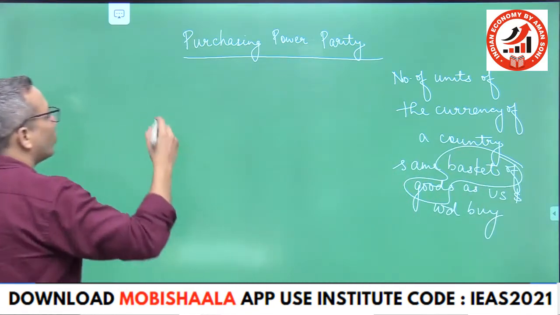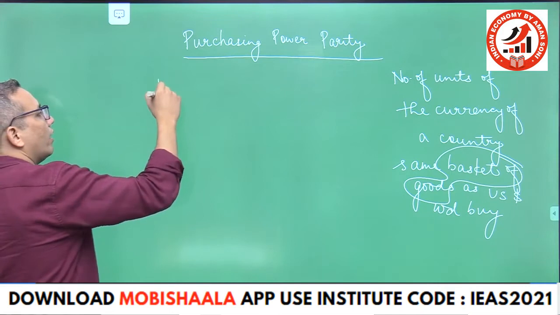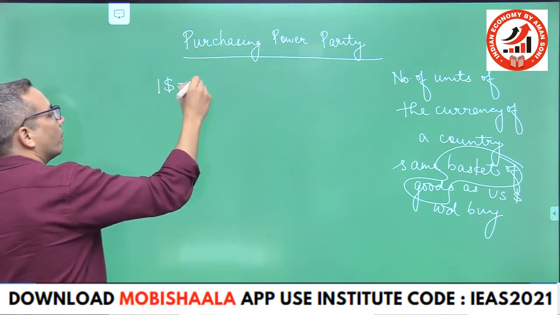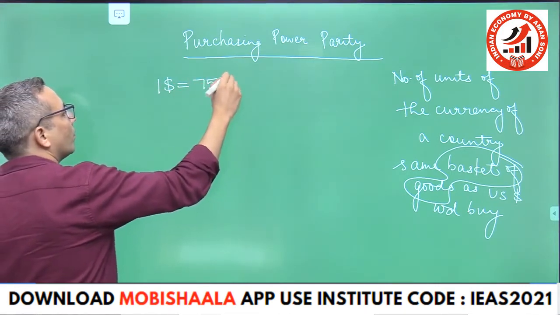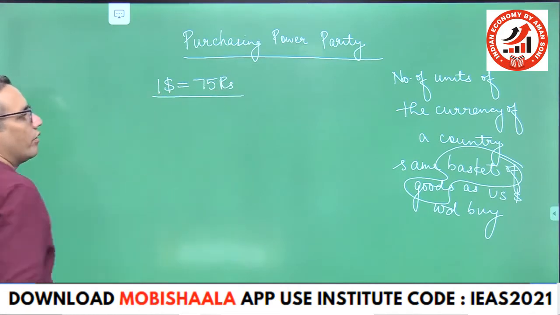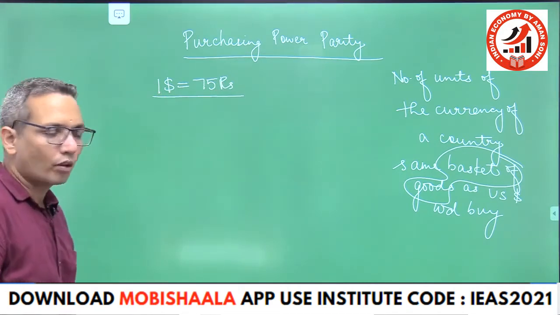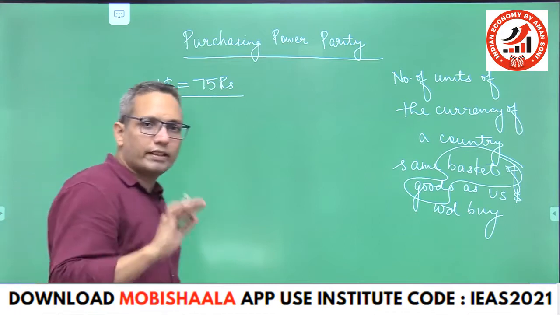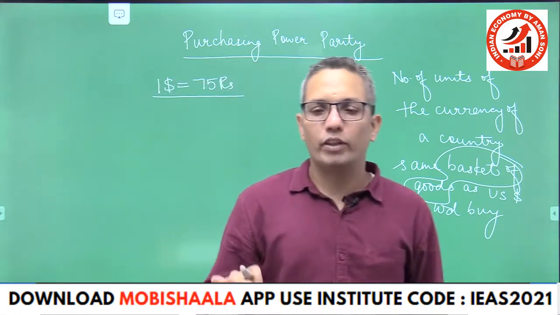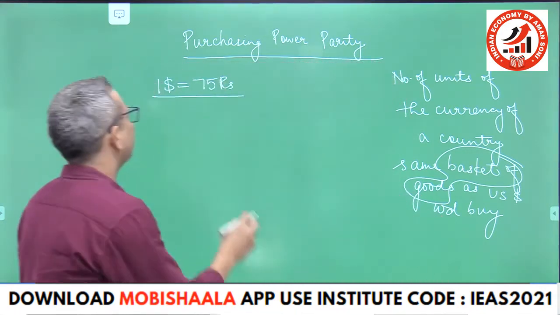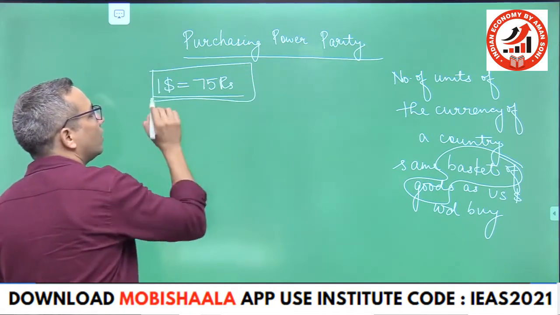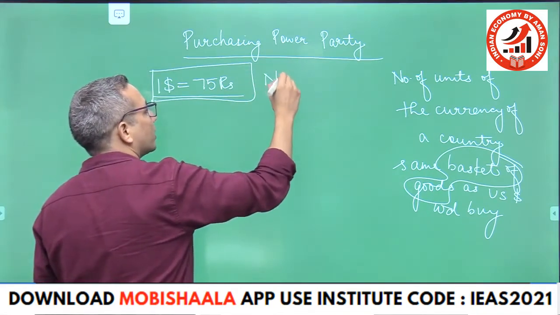You see this, suppose $1 is equal to 75 rupees. So the exchange rate which we see in the newspapers every day, which we hear in the news every day, this exchange rate is basically called nominal exchange rate.